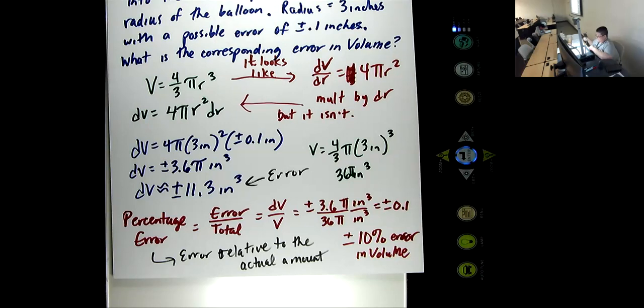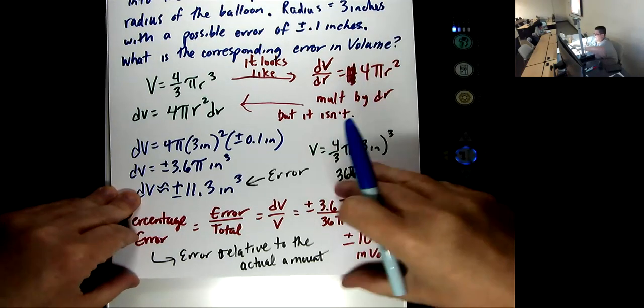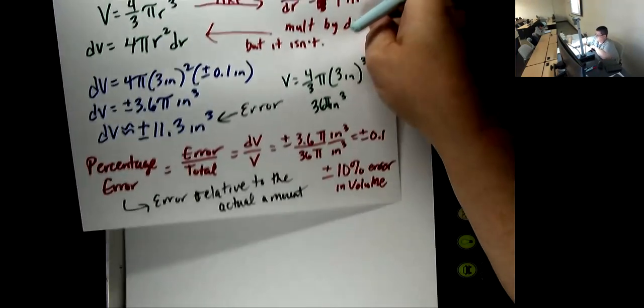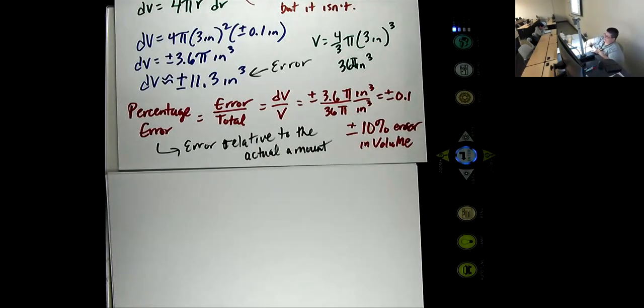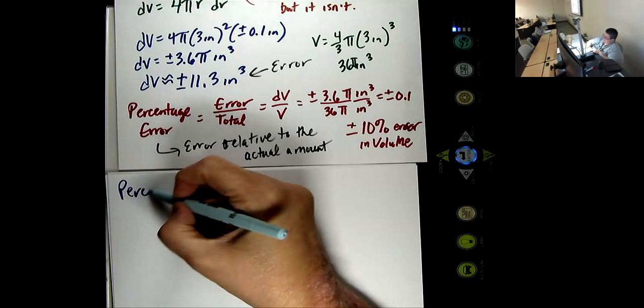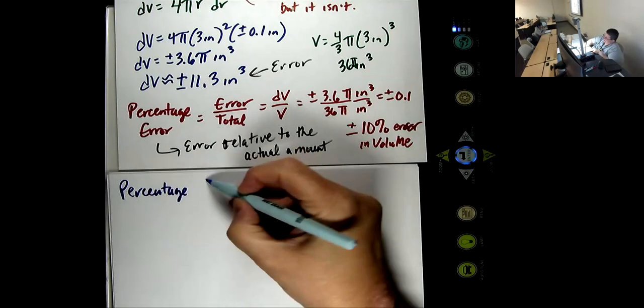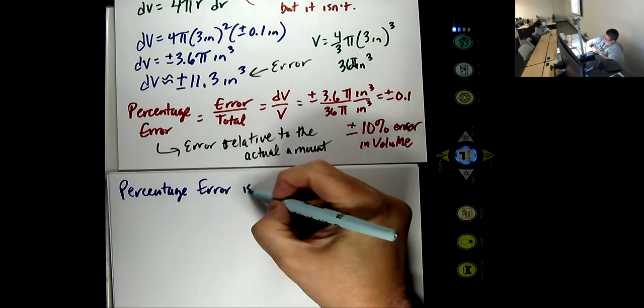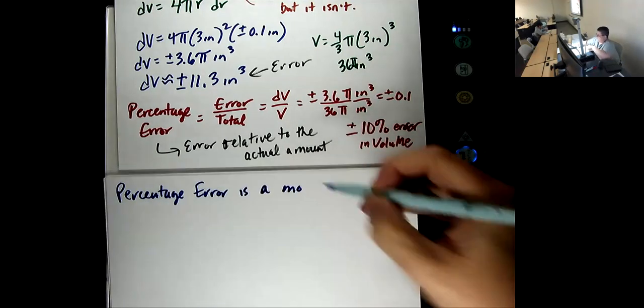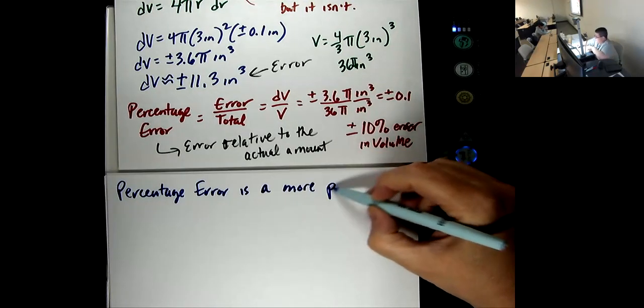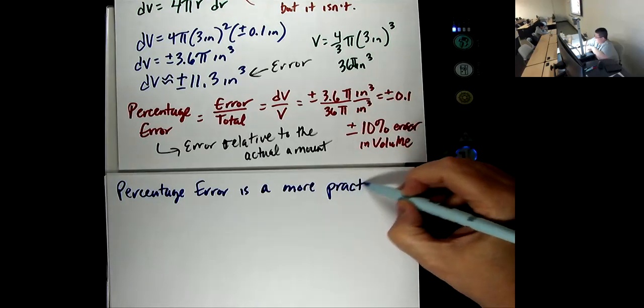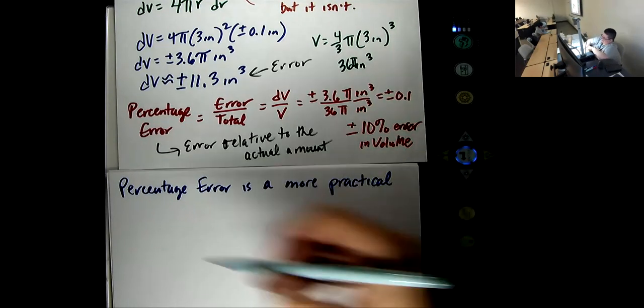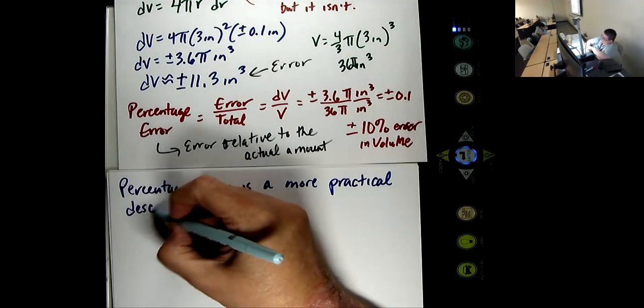So percentage error tends to be more of a practical use, or a more practical description than just the error by itself.